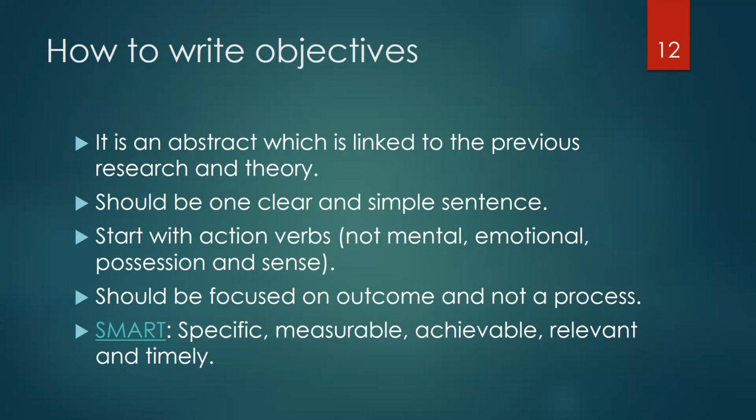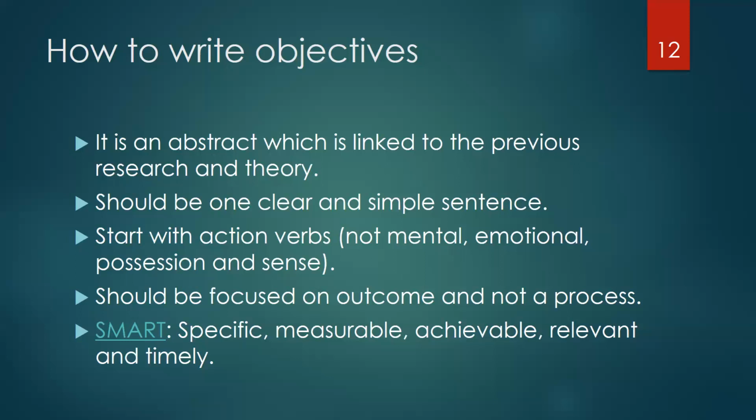Not mental, emotional, position, or sense verbs. If I say, I am doing this research to understand, nobody will pay you to understand. I am doing this research to feel this emotion. No, nobody cares about it. You should do something. It's an action verb.